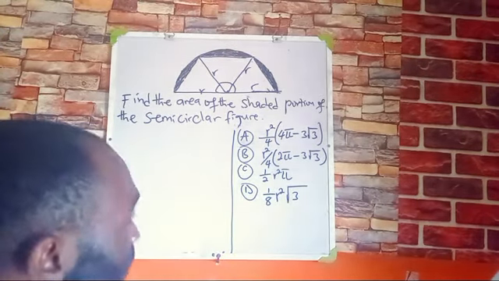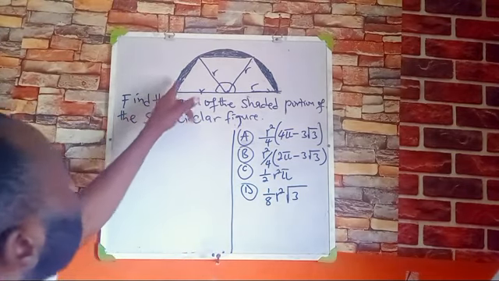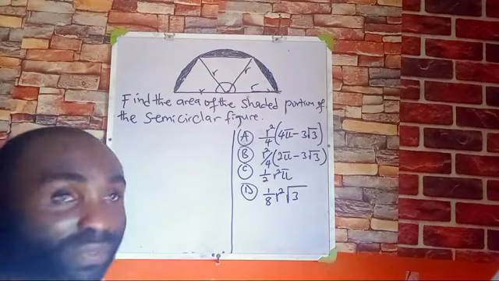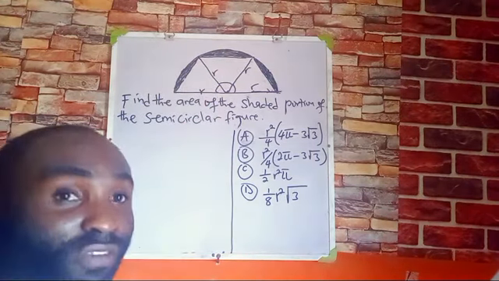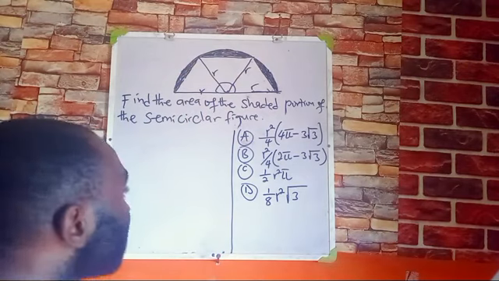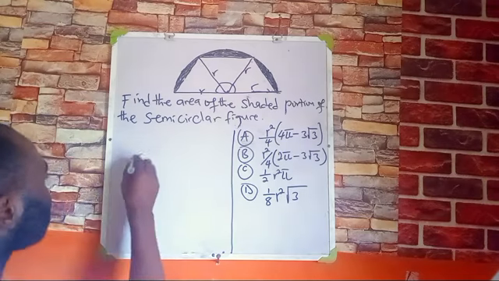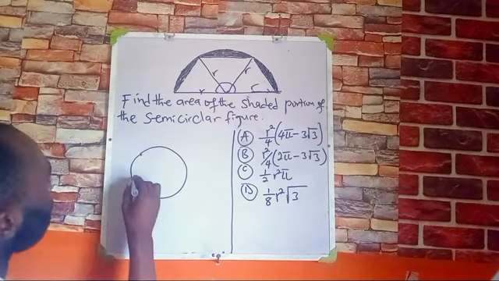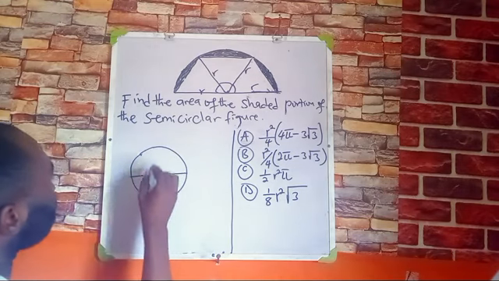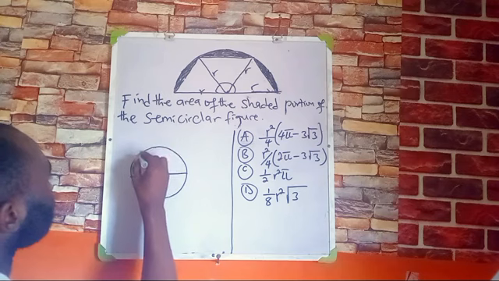So let's start. The question says we should find the area of the shaded portion. If you look at this diagram, you discover that it is half of a circle, because this is a complete circle, and if you divide it into two, let me draw the shape here for you.